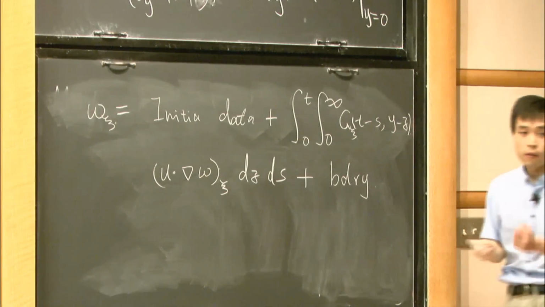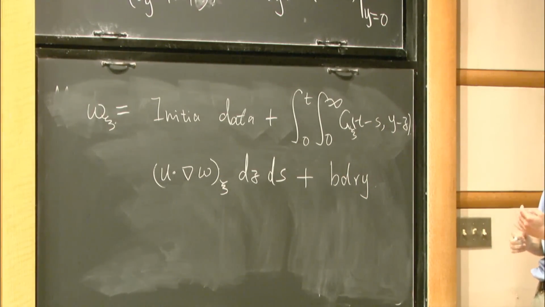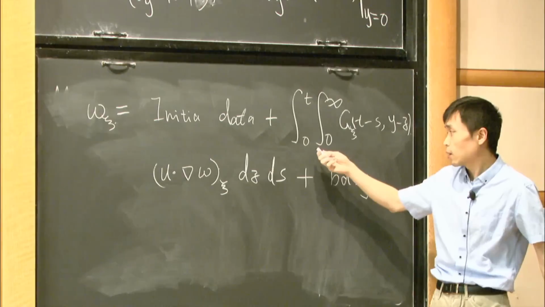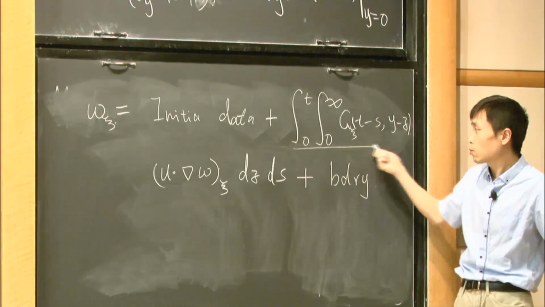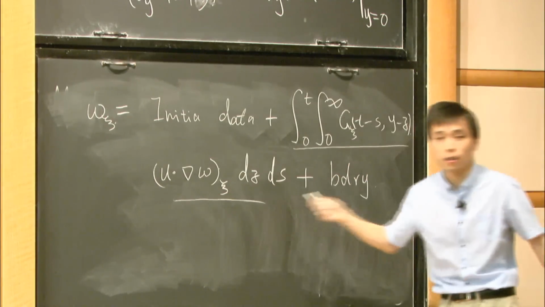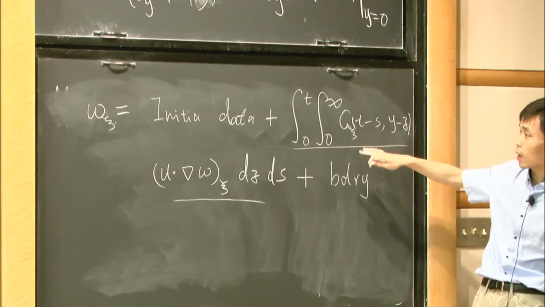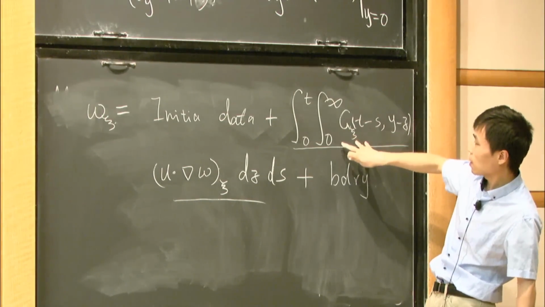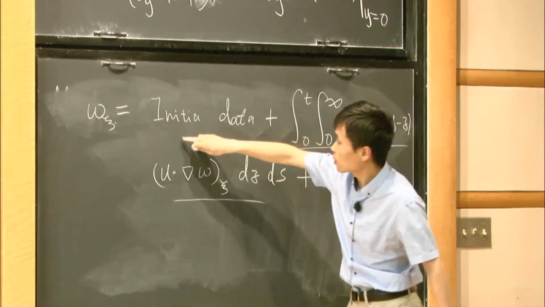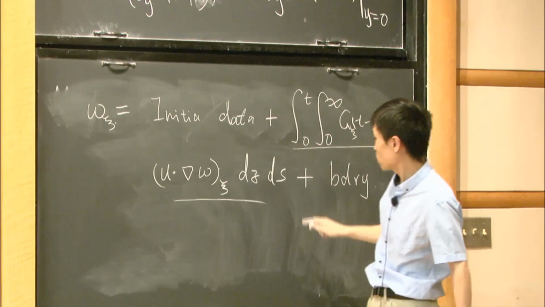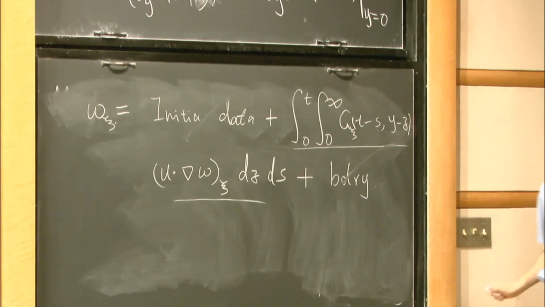For the purpose of simplicity, let's just pretend that on the right hand side you only have this nonlinear term, because that's the main enemy. We ignore the initial data term and the boundary term.